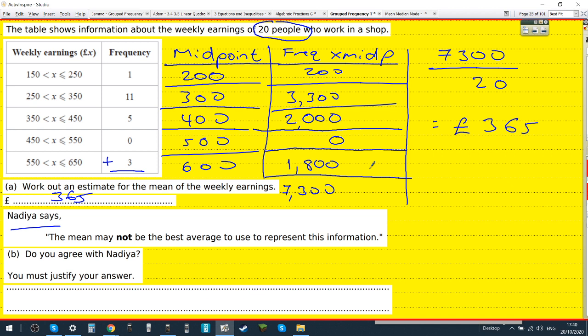It would be 11. What does the 11 match up with? So it'd be 250 to 350. So that's where most of the people are.